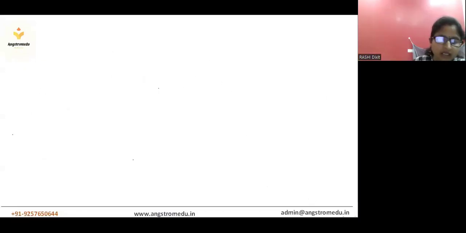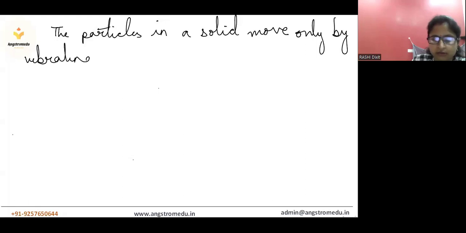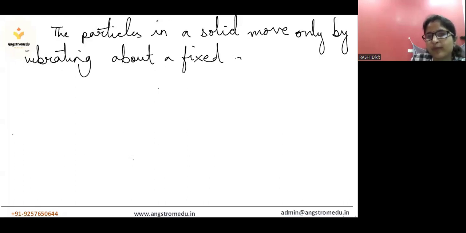Now, since the particles of a solid are arranged in a regular way, the particles in a solid move only by vibrating about a fixed position. That means when it comes to movement, they do not move and they simply vibrate at their positions.